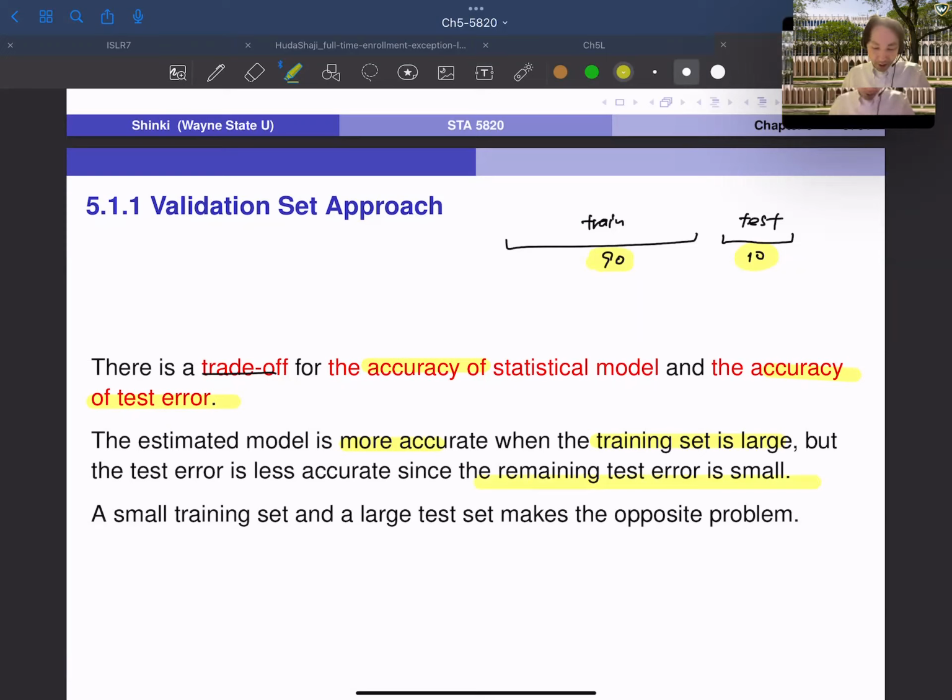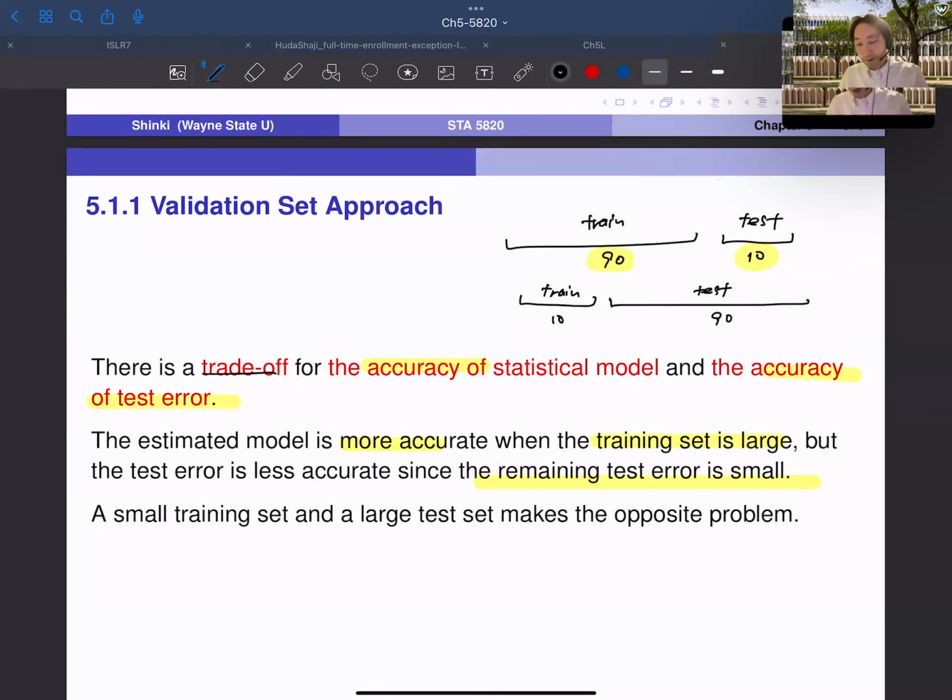And a small training set and large test set makes the opposite problem. If we have 10 observations for the training set, it's really hard to get a good estimate. If you fit a linear model with 10 observations, it's not a reliable result. But for the test set, we have 90 observations, so test performance is evaluated more stably. So we have a trade-off, and you wonder how many observations to take.